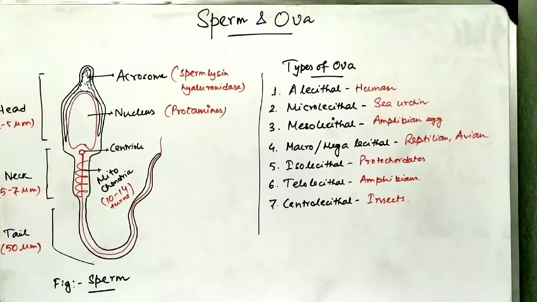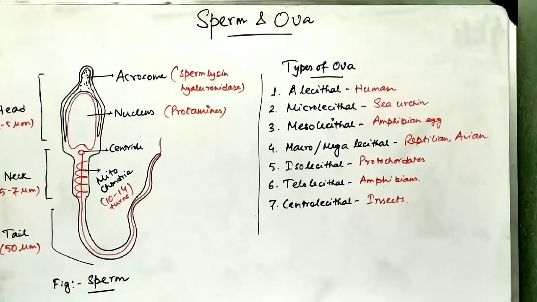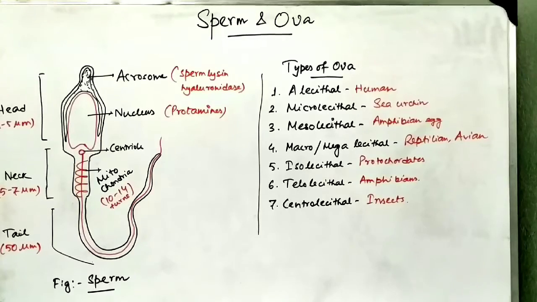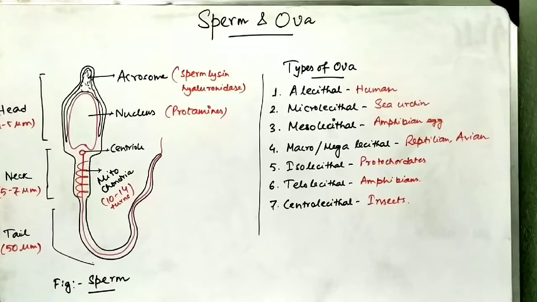Now we will talk about ova. We have already seen the structure of a mature ovum, and now we will look at the different types of ova that are found in different types of organisms, in some vertebrates and some invertebrates.